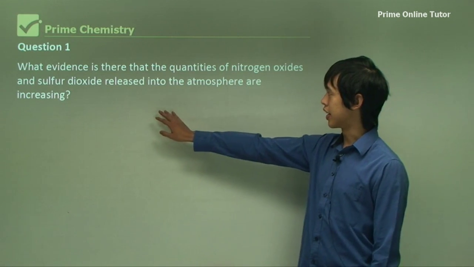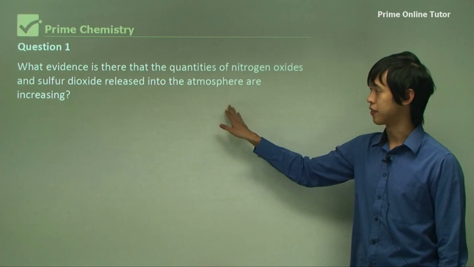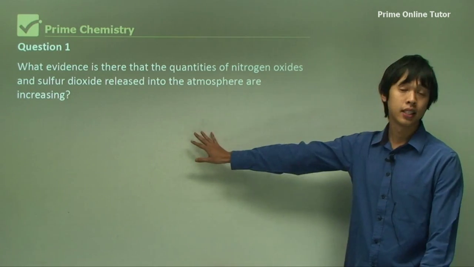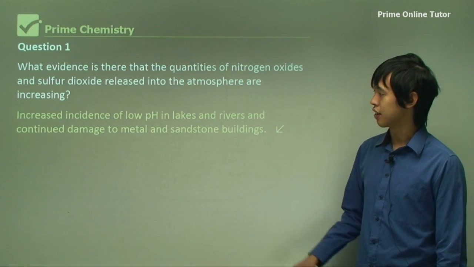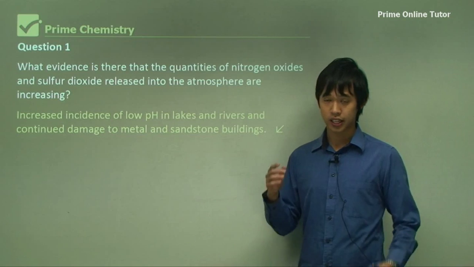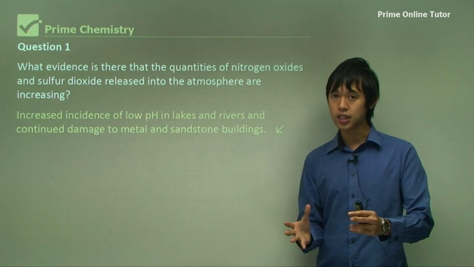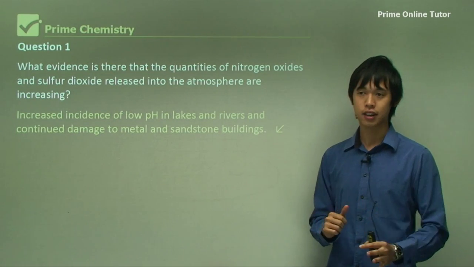So what evidence is there that the quantities of nitrogen oxides and sulfur dioxide released into the atmosphere are increasing? So just a straightforward question from what I've just talked about. The increased incidence of low pH in lakes and rivers, that's one of the key ones. The low pHs in the waterways tell us that rain is becoming more acidic, which has to have come from somewhere.